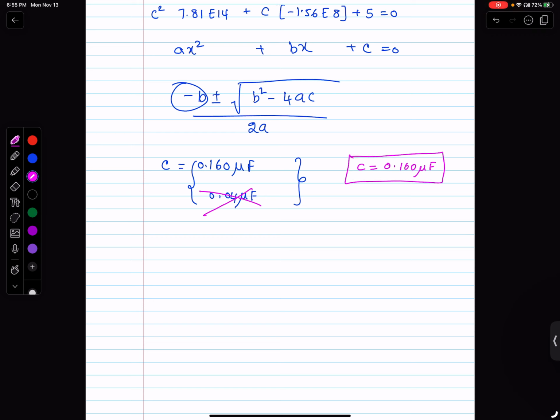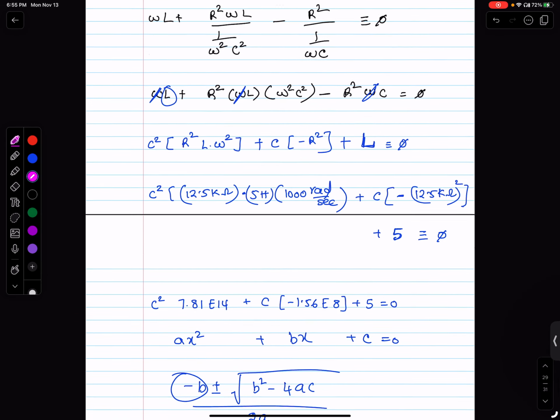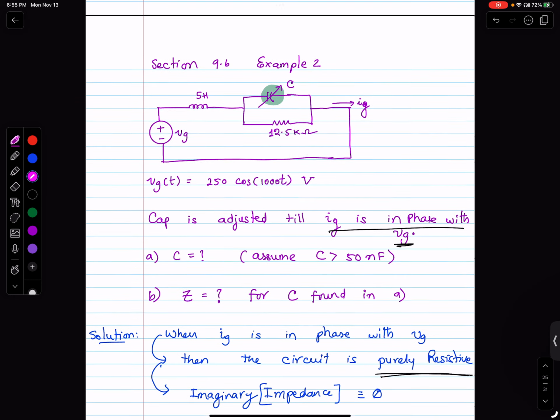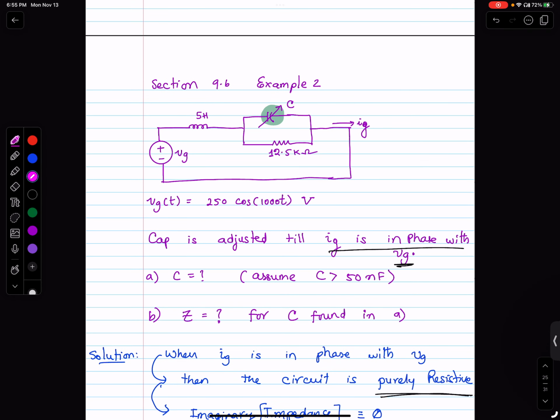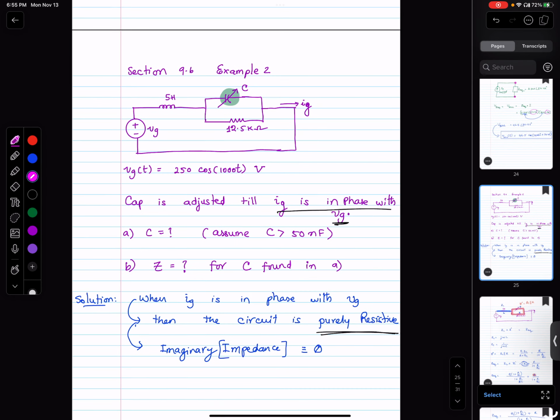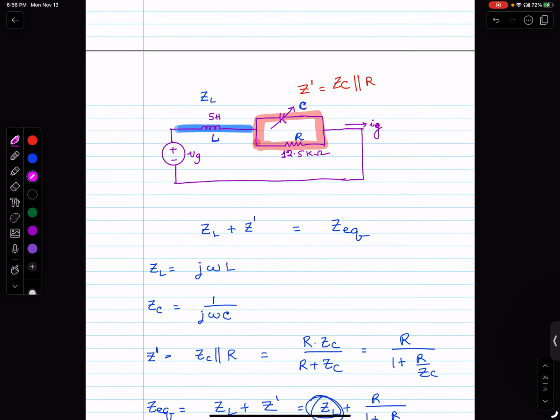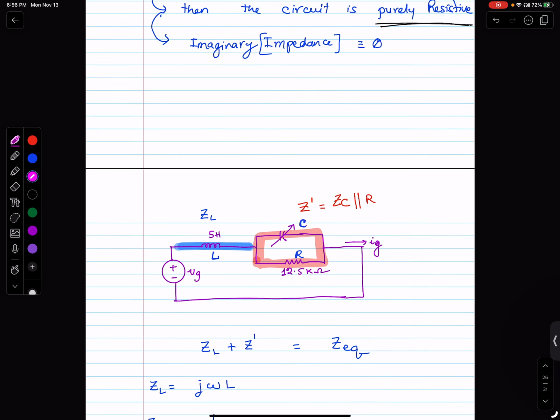What did we do? A whole lot of mathematics. Besides mathematics, there is nothing else we did. All we did was to notice that when you keep adjusting the capacitance, at some point the imaginary part, that is the combination of the capacitance and inductance, equals zero, and the overall impedance has only a real part.